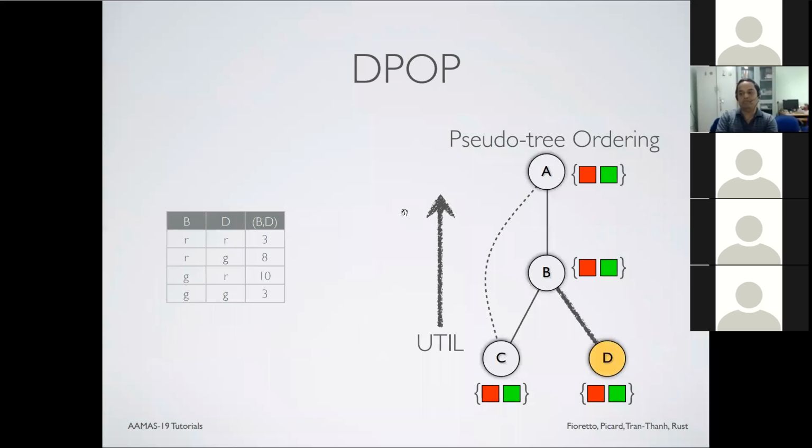Now you see, from the leaf D, we are trying to compute the utilities of this part, BD.